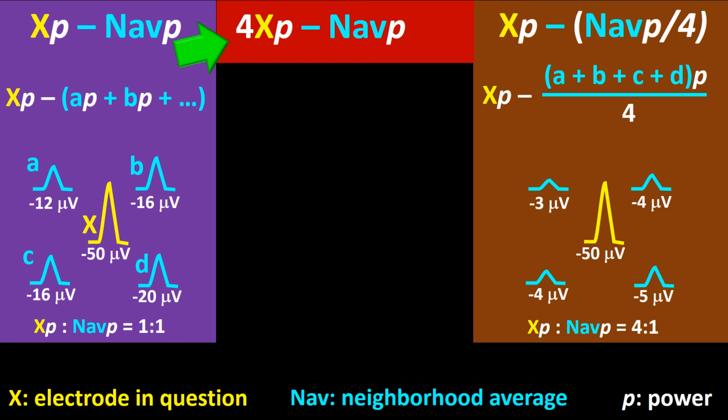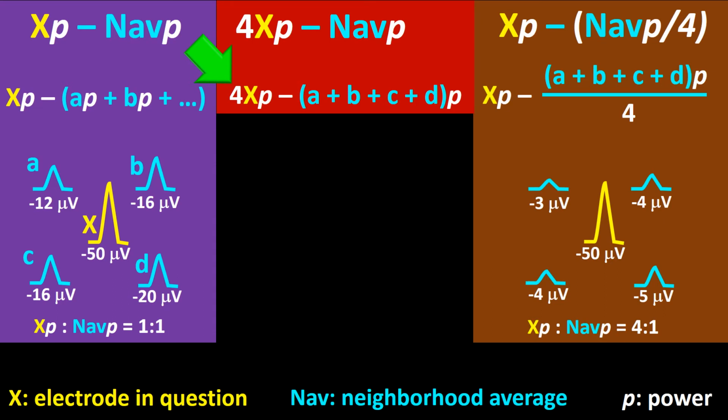Another way to rationalize the Laplacian montage is to multiply the wave in question, that is the X wave, by 4, and then subtract from this result the magnitude of the surrounding electrodes.